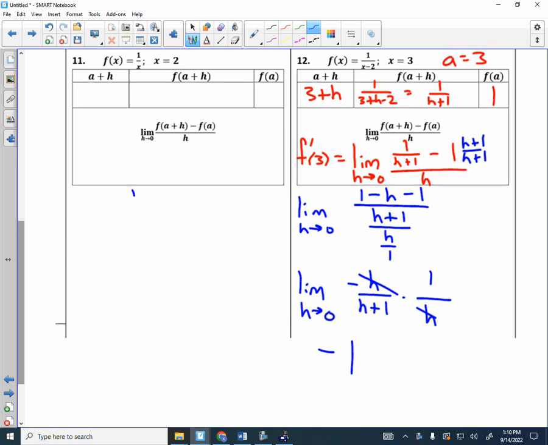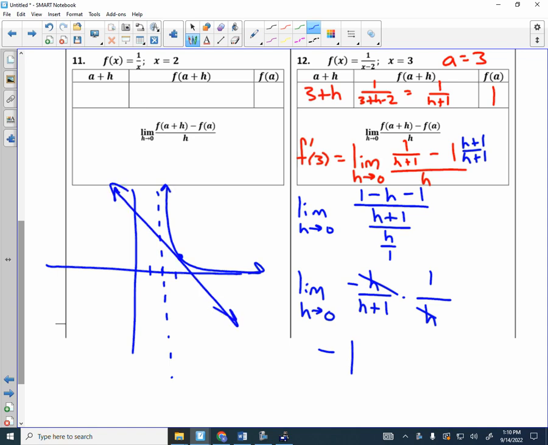Michaela, do you know what that graph looks like? Yeah, it's shifted to the right. How many units? And so you know that it looks like this, agreed? So if you're finding the derivative at 3, does it look reasonable that it could be negative 1? Yes. Again, the more ways you can think about the nature of the function, it can help you verify and see if you've done anything wrong.